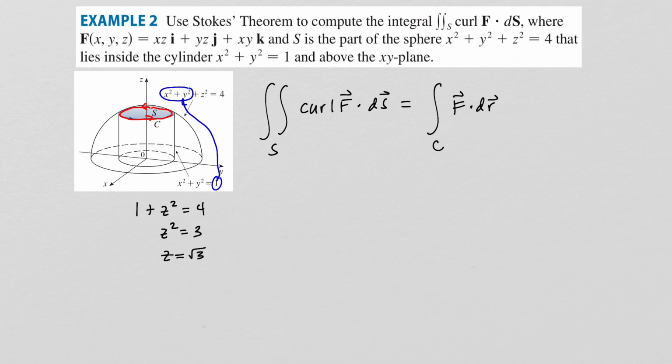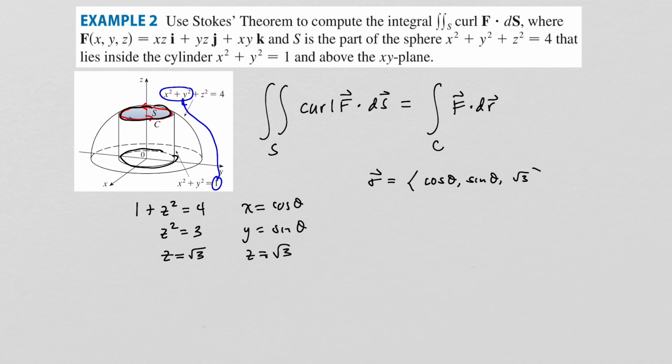Now, of course, the x and y components here are on the unit circle. And so we can simply say x is going to be cosine of theta, y is going to be sine of theta, and z is going to be the square root of 3. Okay, and so that is our parameterization r: cosine theta, sine theta, radical 3.